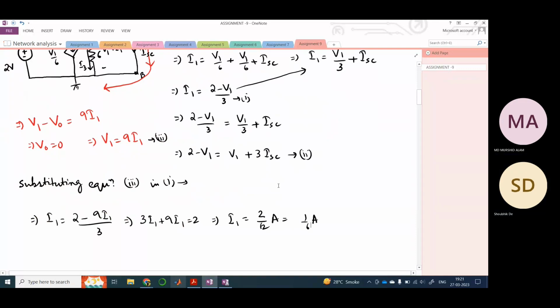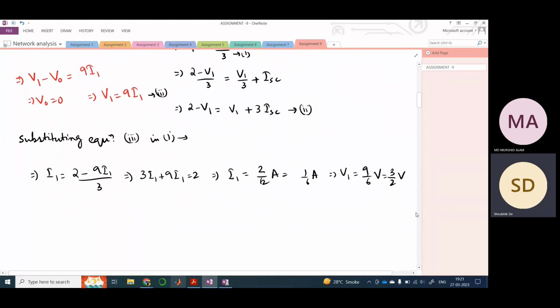Now what would be V1? Your V1 would be 9 I1, so 9 by 6 volt, therefore 3 by 2 volts. Now you can substitute V1 in equation 2, right?